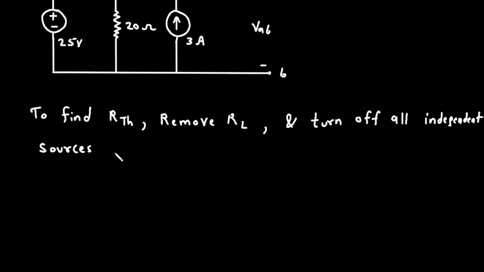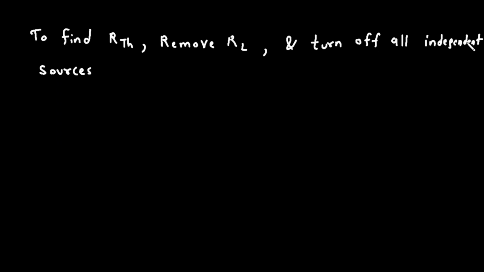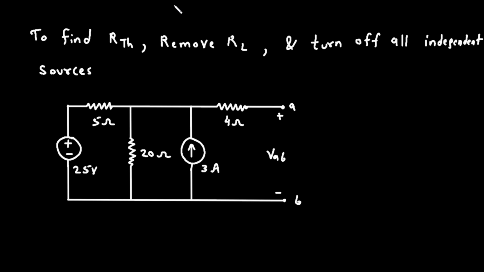So when we turn off independent sources, when we turn off a voltage source, that time we have to replace it by its short circuit. And when we turn off an independent current source, that time we have to replace it by open circuit. Now here this will be our Thevenin's resistance RTH.